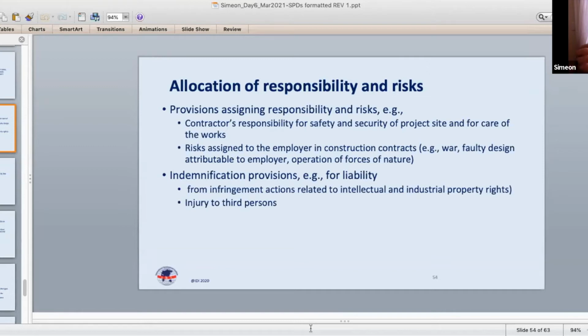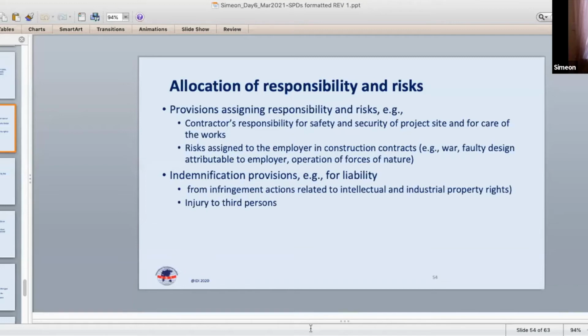And the procuring entity then, under the contract, is given an indemnification by the supplier to cover or to protect the procuring entity against any liability it may have to third parties with respect to violation of intellectual property rights or industrial property rights by virtue of the procuring entity simply buying and using this item in accordance with the parameters of the procurement contract.